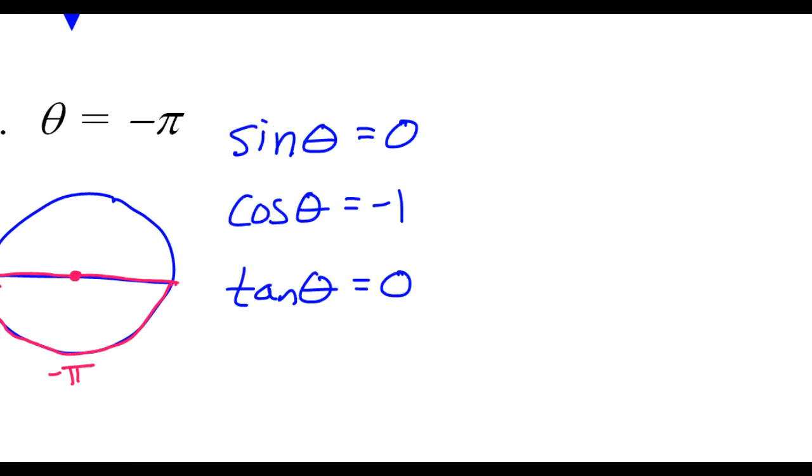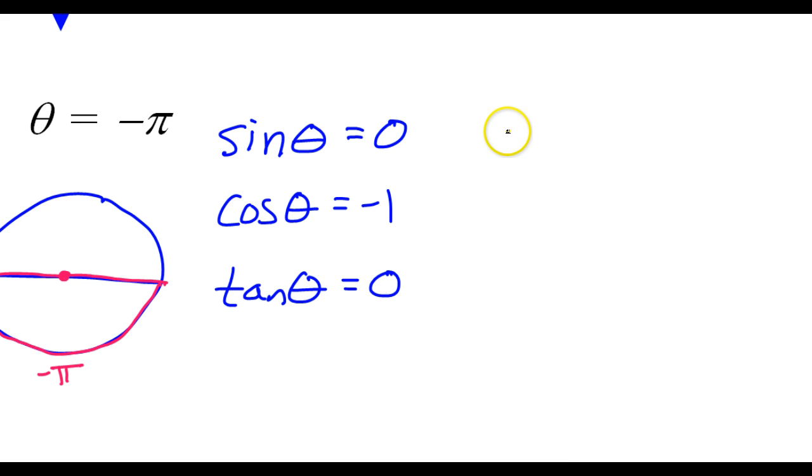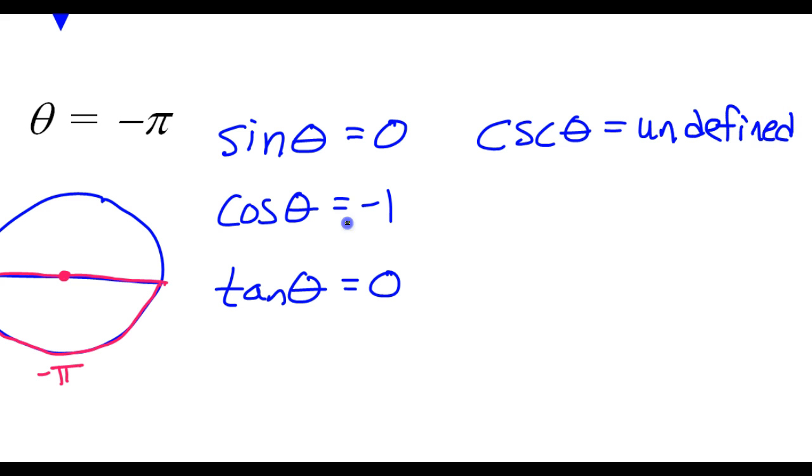Now the reciprocal trig functions. The reciprocal of sine is cosecant. You cannot do the reciprocal of 0. That's like having 1 over 0. That is undefined. The reciprocal of cosine is the secant function.